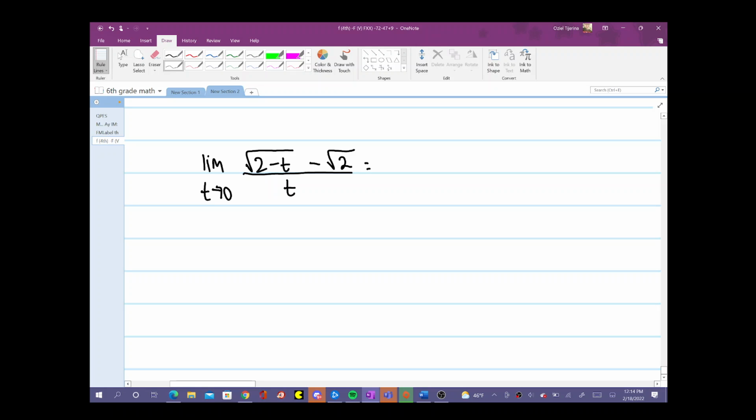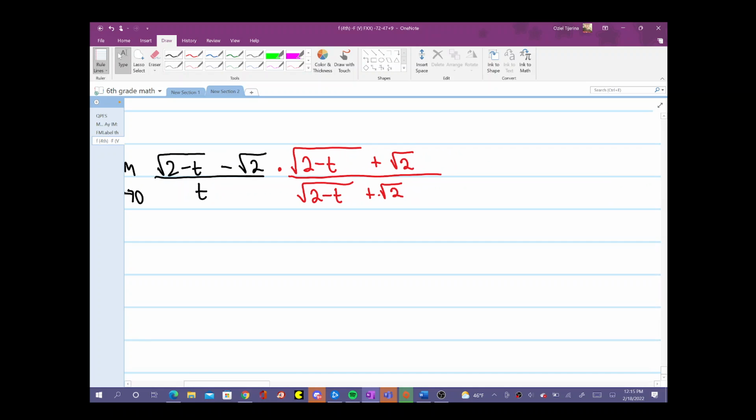We're going to multiply by the conjugate. So we're going to put times the square root of 2 minus t plus the square root of 2, over the square root of 2 minus t plus the square root of 2.